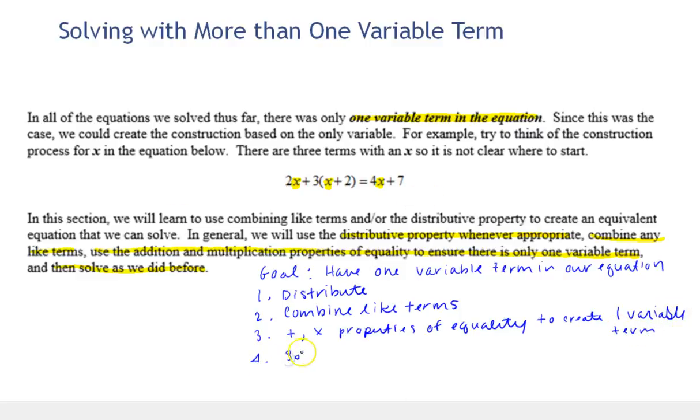And then our last step is to solve as we did before, using the construction and deconstruction process. And we're also going to connect this idea of how we constructed and deconstructed to using the addition and multiplication properties of equality. So let's remind ourselves what that is.